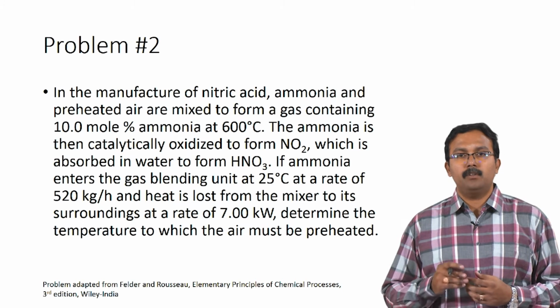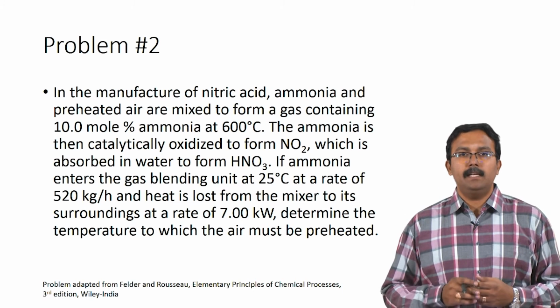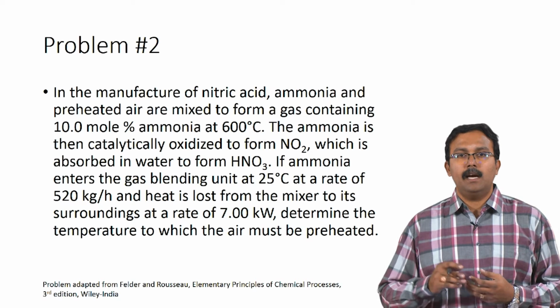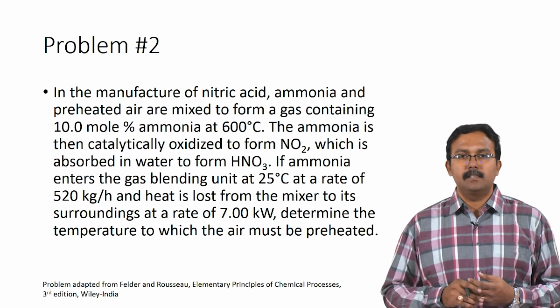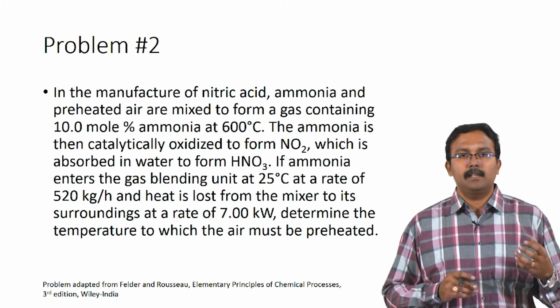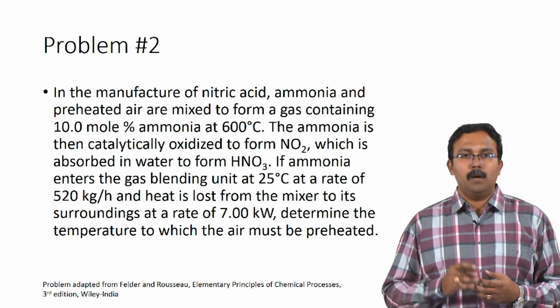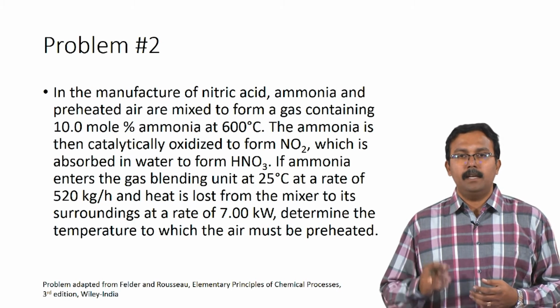In the manufacture of nitric acid, ammonia and preheated air are mixed to form a gas containing 10 mole percent ammonia at 600 degrees Celsius. The ammonia is then catalytically oxidized to form NO2, which is absorbed in water to form nitric acid.